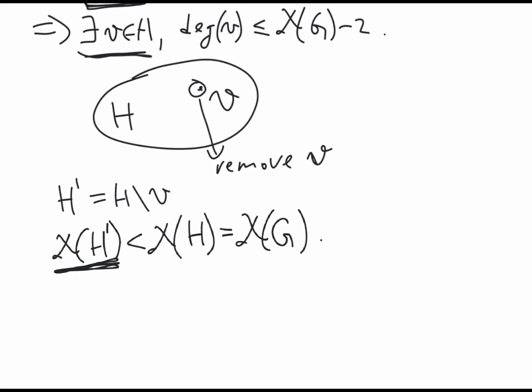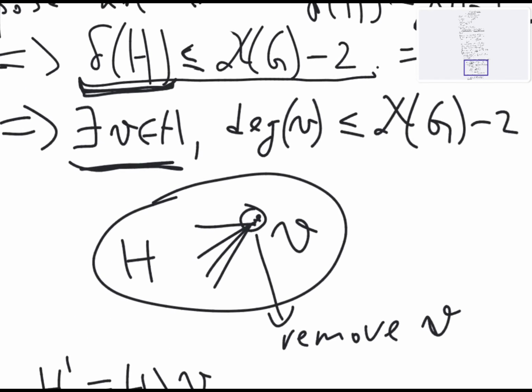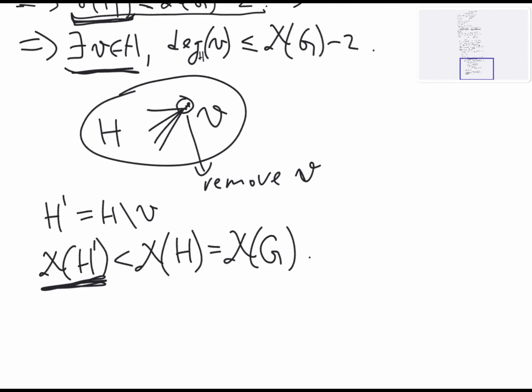It might be confusing: the degree of vertex v is not the degree in the original graph, but the degree in H. So the degree in H is less or equal than chi of G minus 2. So this vertex v has at most chi minus 2 adjacent vertices in H.